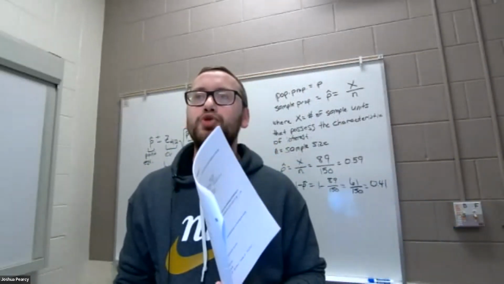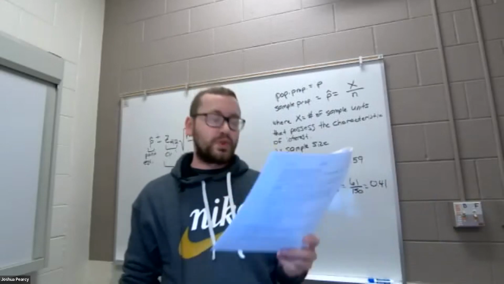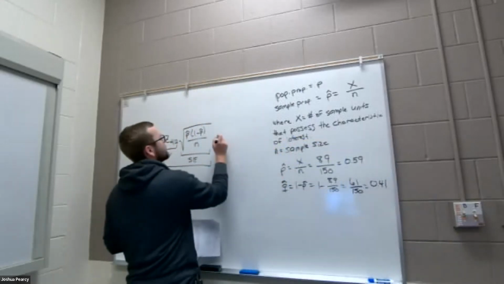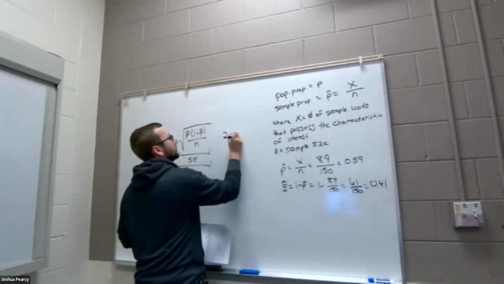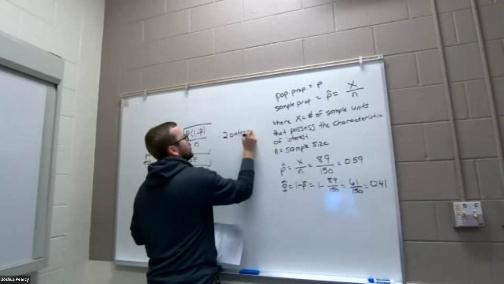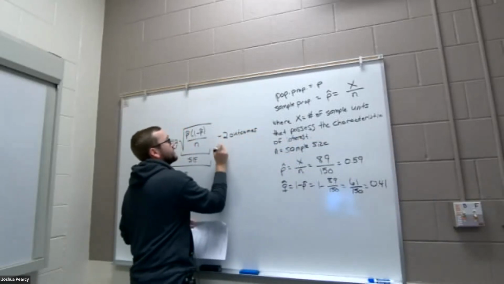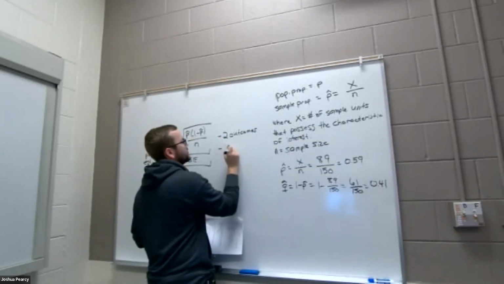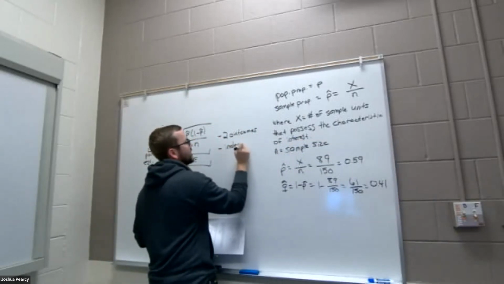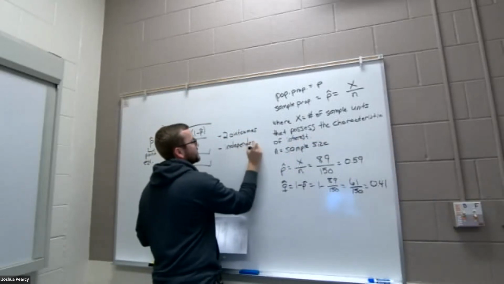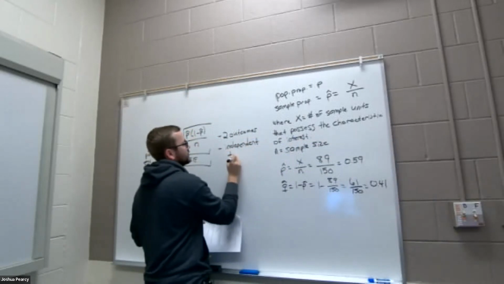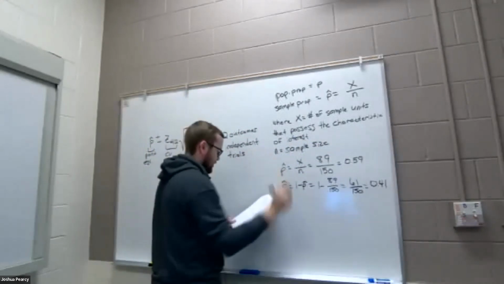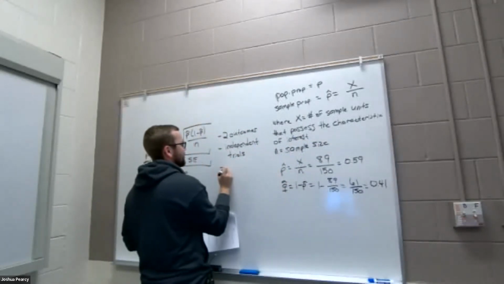Anyone remember those conditions? Okay, the first one, 2 outcomes. In most cases, they call them success and failure. Second one, trials are independent of one another. So that means what happens on one trial will not affect what happens on the next. There are a set number of trials.